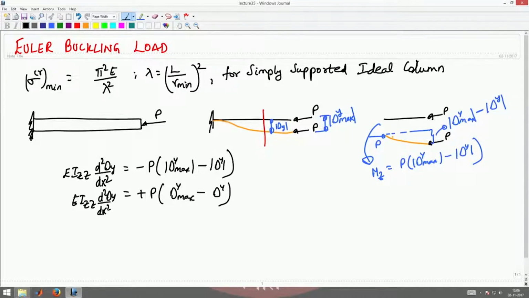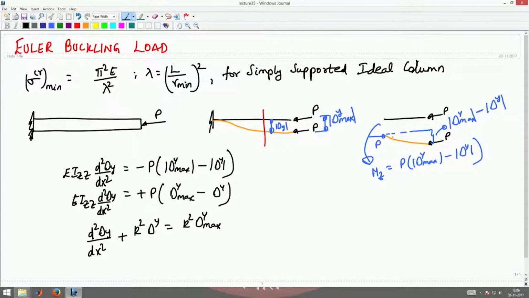As before, this equation boils down to d square delta y by dx square plus k square times delta y is equal to k square times delta y max.